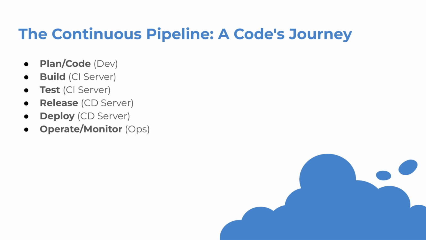So as of now in the industry, planning and code is the only thing developers are responsible for, and operating and monitoring is the operation team's task. And building, testing, releasing, and deployment is automated, and the automation is done by the DevOps team.